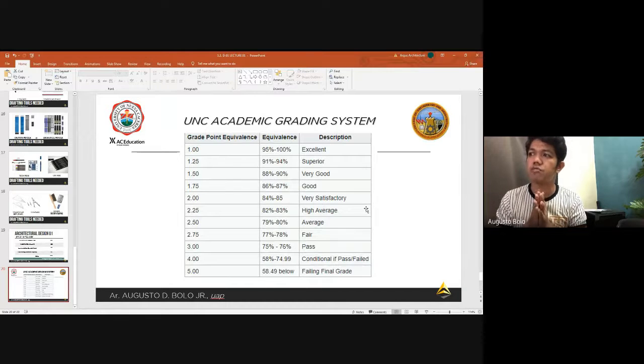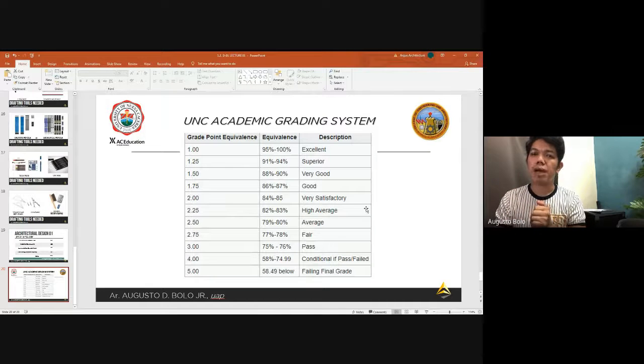Starting with the failing grade, 5. If you receive a 5, that is a failing grade. But the University of Nueva Cáceres, for the meantime, doesn't give an outright 5 to those students who somehow need to comply. If there is willingness to comply, you will be receiving IP, the in-progress grade, the letter acronym IP.